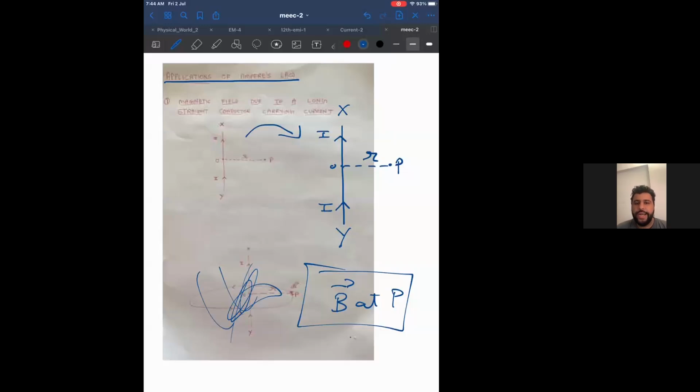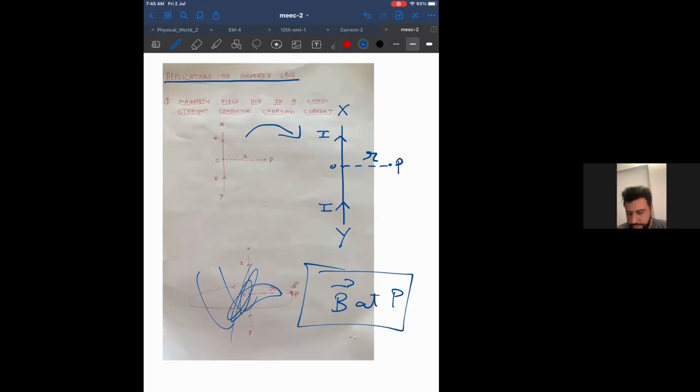We have to find magnetic field, that is capital B, at P due to XY. We have to find B at P due to XY. Understood the statement?